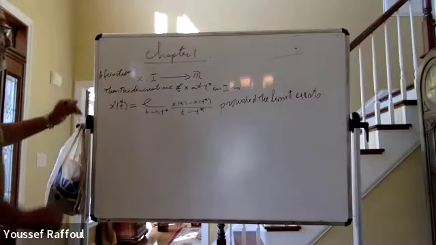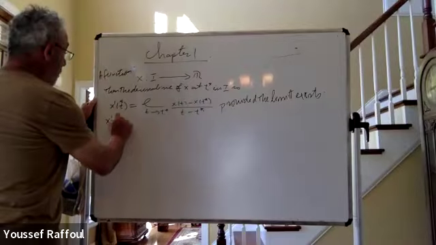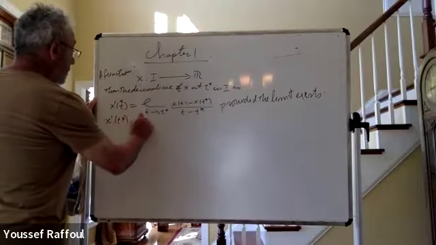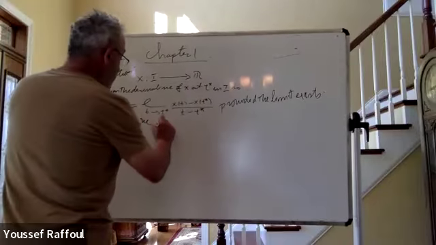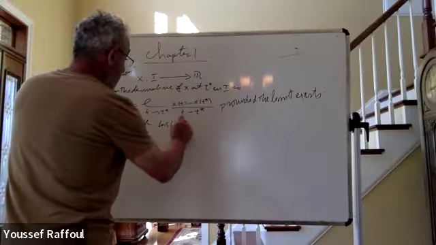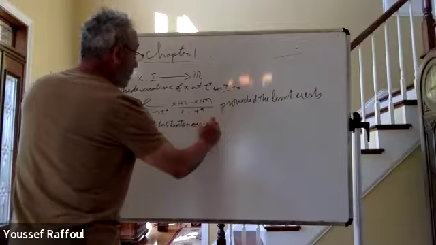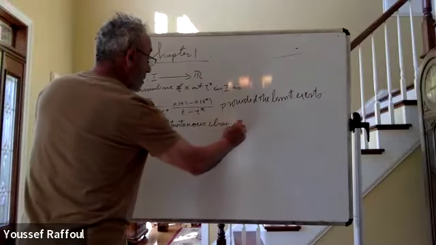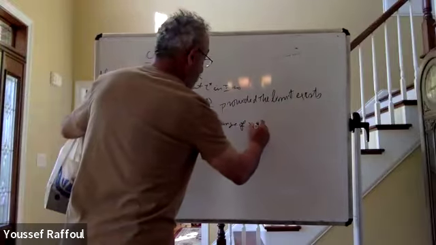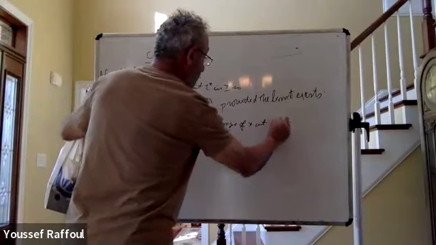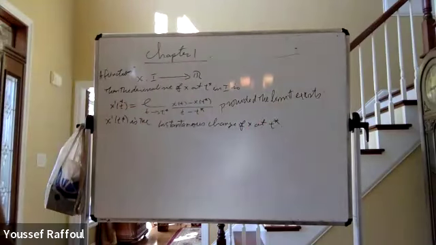All right, so x prime of t star is the instantaneous change of x at t star. Okay?